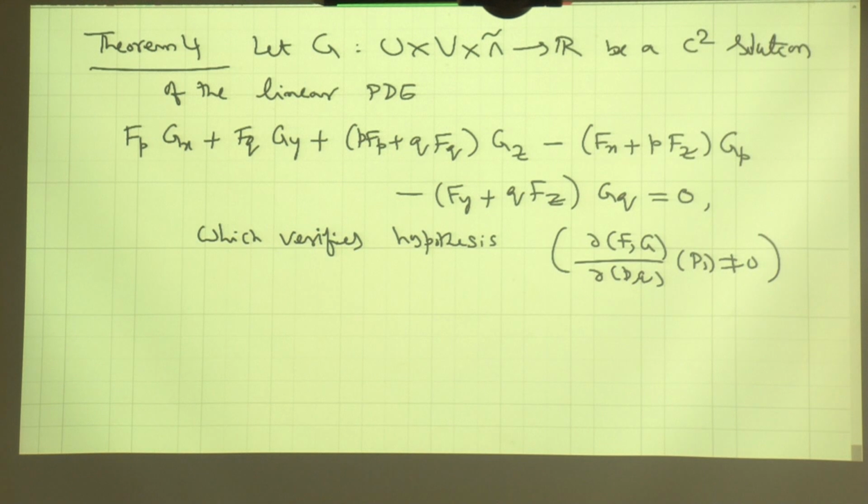I saw some book writing quasi-linear. That's why I was worried. I think Amarnath writes quasi-linear. Please check that. It is linear. Delgado is correct. Linear. Okay, fine. And then what is the conclusion? Now we see he has to still write some conclusion, so he will write. The assumption is G is a C2 solution of the linear PDE. That is the first assumption.